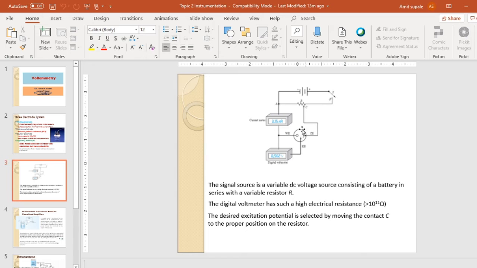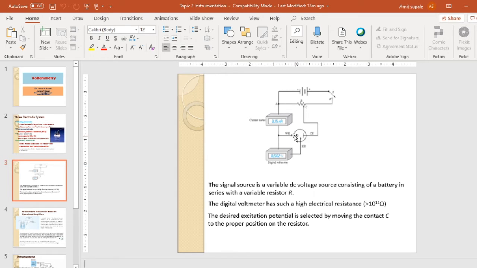We have already seen their roles. With the digital voltmeter we maintain a very high resistance, greater than 10 raised to 11 ohm, so that no current passes through the working and reference electrode circuit.